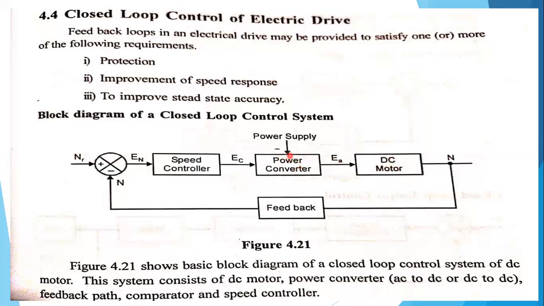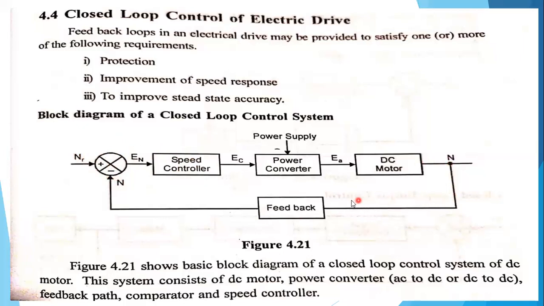So the feedback path is here. This is called the feedback path, and this is called the comparator. The comparator compares the reference speed and the actual speed. Actual speed means nothing but the speed of the DC motor.